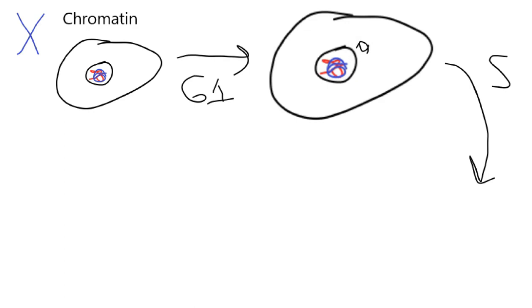I'll put it in bright yellow, so it's very apparent. That little yellow circle is called a centrosome. We're going to find out what that's all about later.